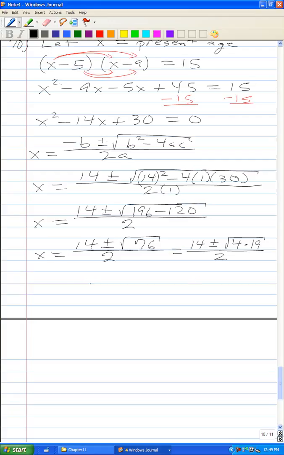So x is equal to 14 plus or minus the square root of 4, which is 2. Let me factor out a 2 from the numerator. So 2 times 7 plus or minus rad 19, over 2. The 2's cancel.